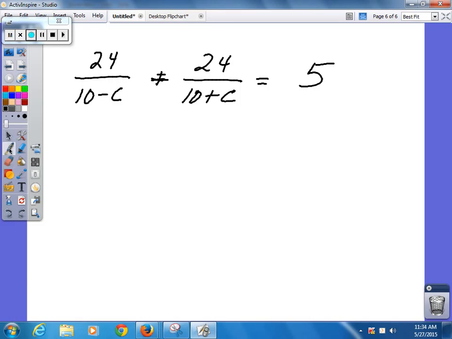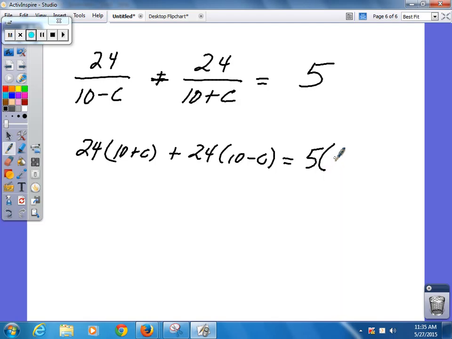So I'm going to multiply through by 10 plus C, 10 minus C, and that's going to give us 24(10 plus C) plus 24(10 minus C) is equal to 5 times (10 minus C)(10 plus C), which is shortcut number what? Shortcut number 3, Hubert, exactly.